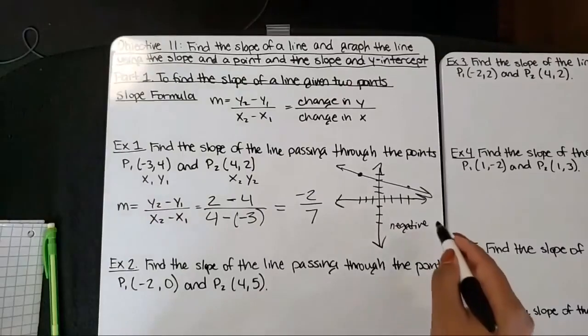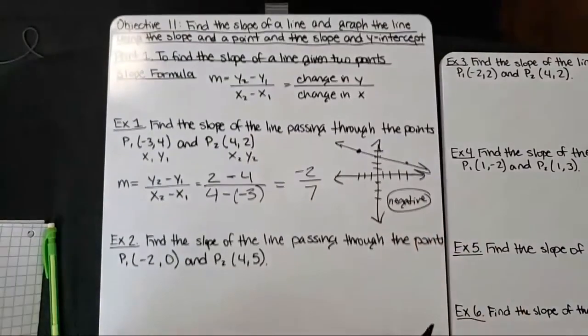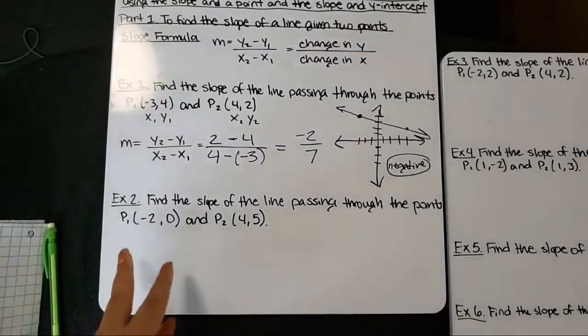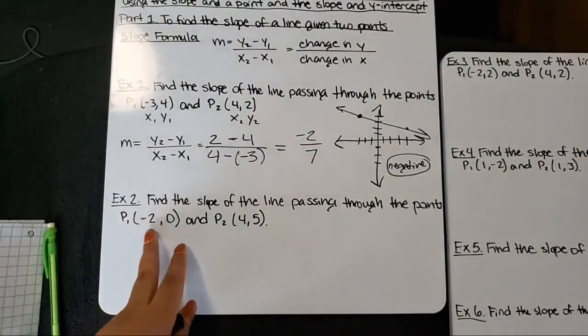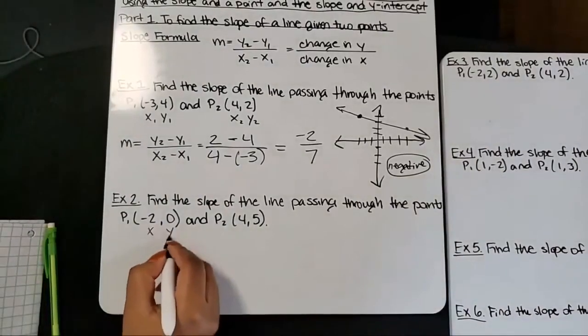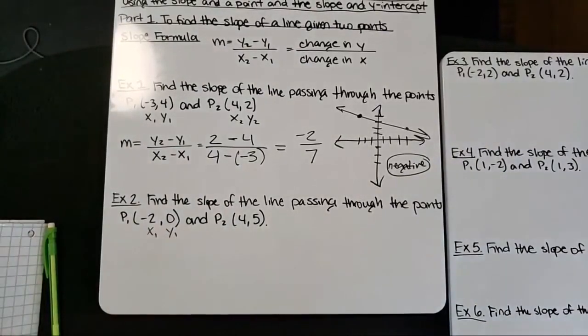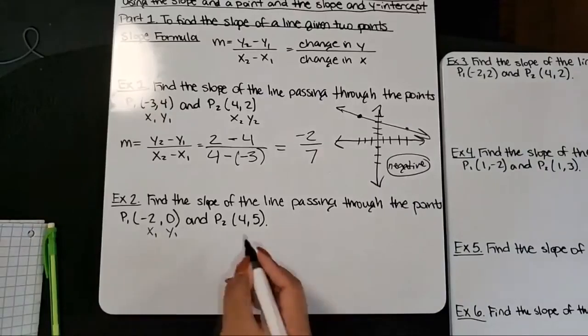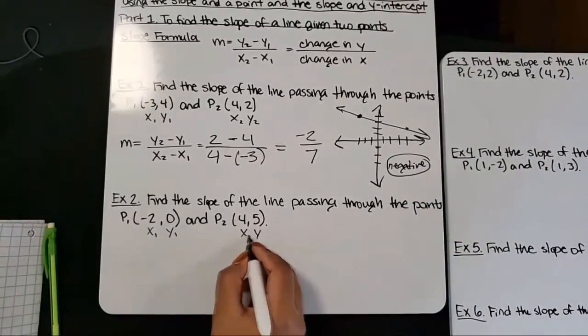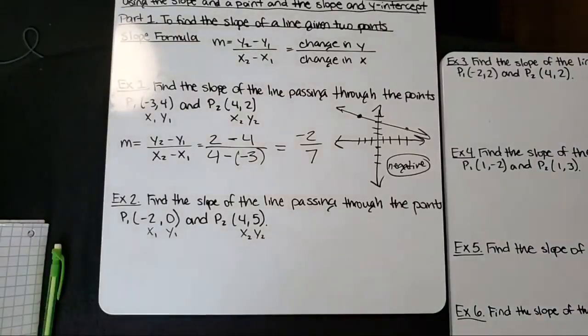All right, I want you guys to look at example 2. We have the first point, which is (-2, 0), so this x and y will be x1 and y1. Our second point is (4, 5), which is x2, y2.